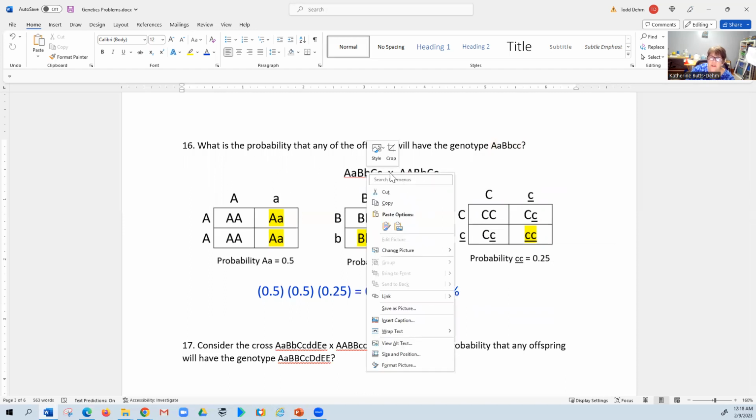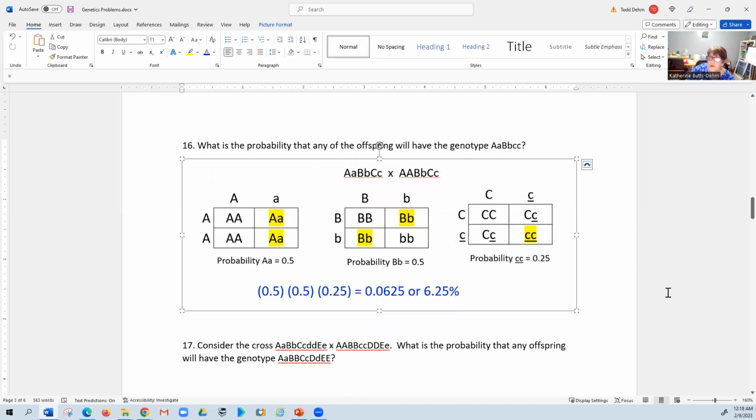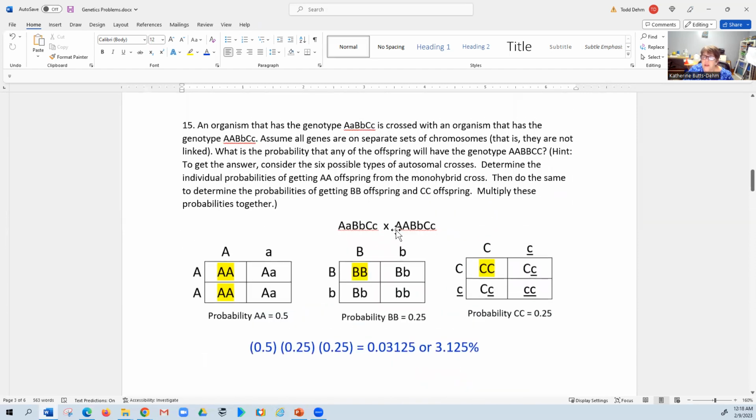Oh, I can't get those red lines off because that's all one picture. Well, so here's the original parents, and I might want to double check those original parents. Okay, het for all 3, and then one has hets for 2, except homozygous for the big A. And then to double check it here, yep, everything's het except for this one.